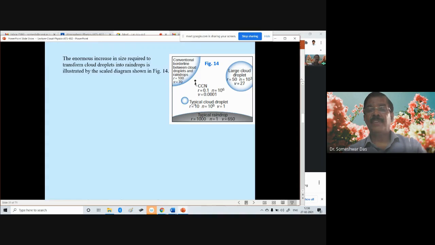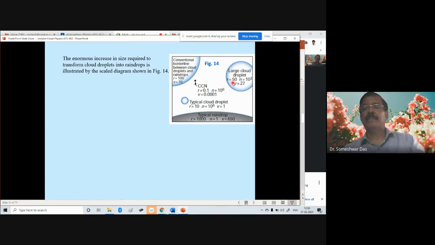From this typical cloud droplet, which is still very small, having a 10 micron radius, it has further increased into a large cloud droplet by the collision or collection of water droplets as it falls down on its way. This is a typical cloud droplet, about 10 micrometer, and this is a large cloud droplet having a radius equal to 50 micron.